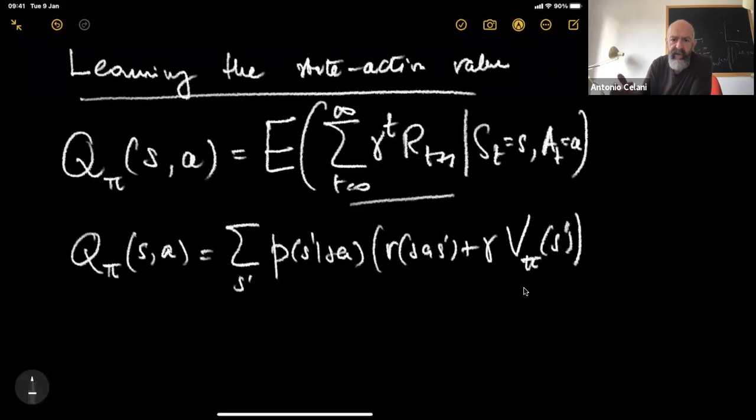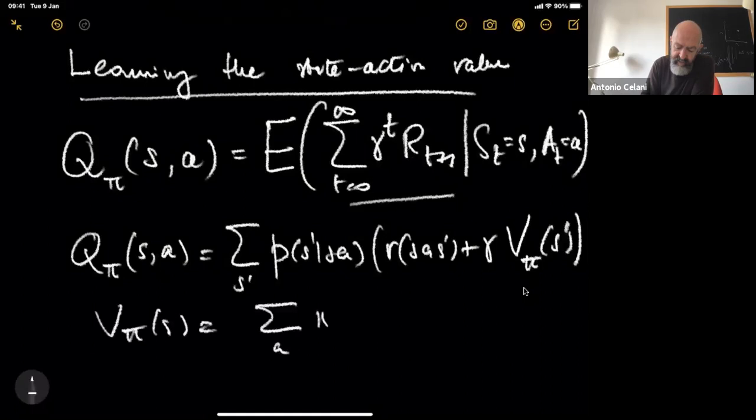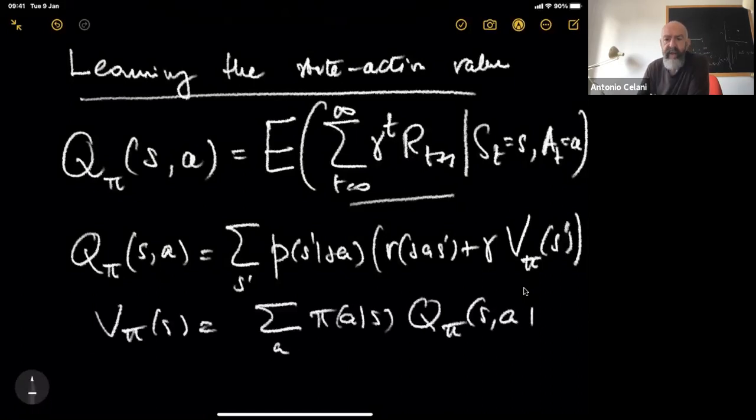There's also a converse relationship, which is also straightforward: the value function at a certain state is just the average over the actions that you choose of the state action value. Okay, so this is again mapping in the same language.